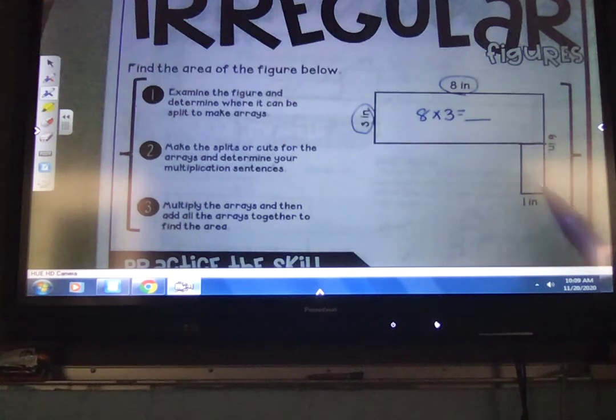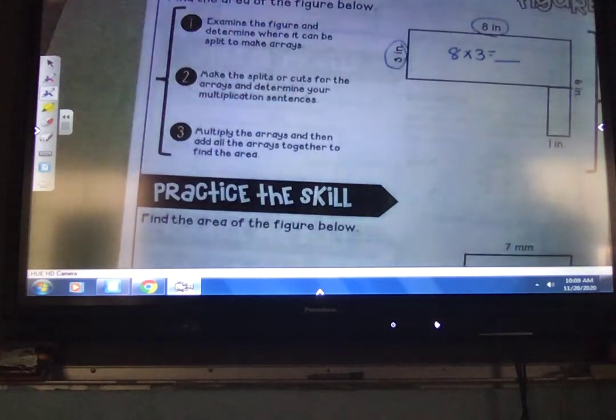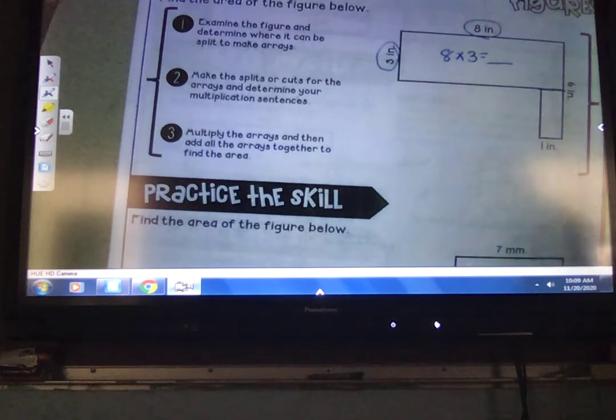Now, I just did something to this smaller one. Okay, I cut it. When I drew that line, I cut it. So this is not 6. 6 was for the entire long side. I don't need that much. I only need this amount.